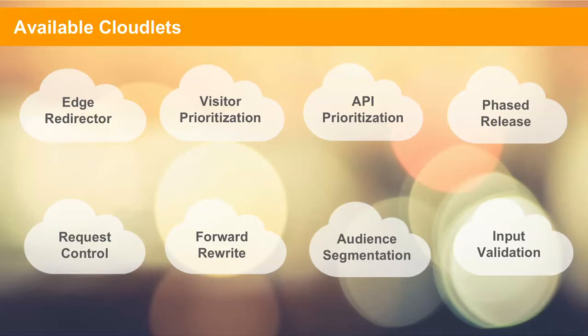So the Visitor Prioritization Cloudlet is for cases where you want to handle traffic surges. Audience segmentation. A lot of you guys actually have A/B testing going on. You're experimenting with different end user experiences. To handle this kind of traffic and to maintain stickiness across different experiences, we have something called the Audience Segmentation Cloudlet.